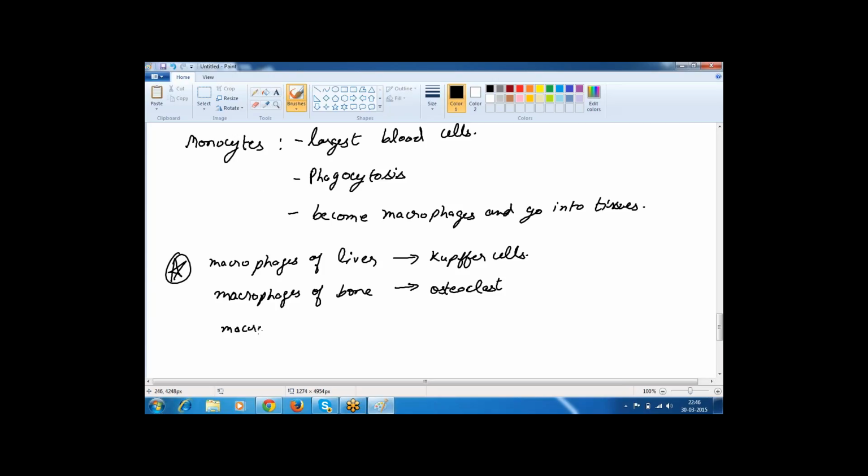Macrophages of skin or of dermis, they're called histocytes.